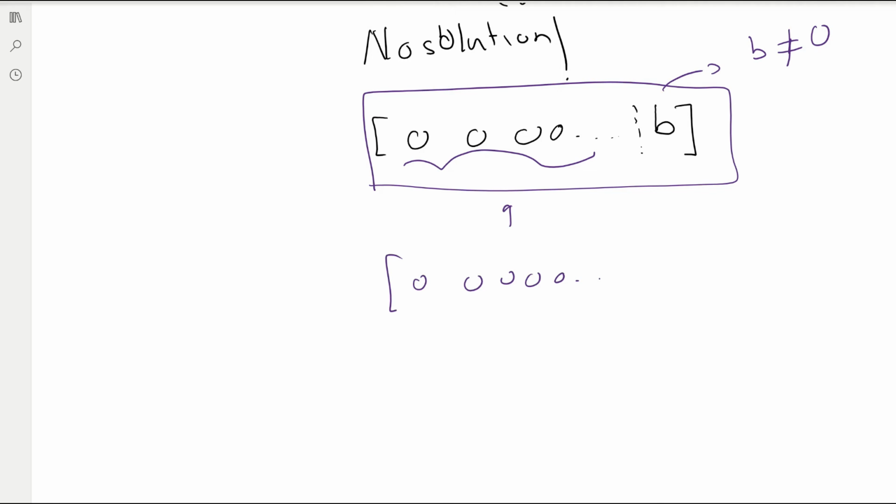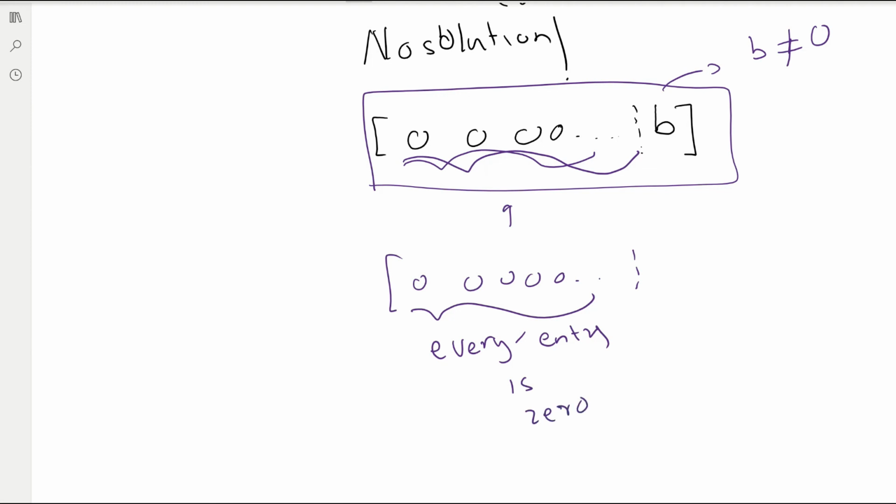What I meant is if you have everything here to be zero, before the dash line, before the point where you separate the right hand side, so I'm going to say every entry is zero, and what you have here, b, is non-zero. Every entry here being zero means every coefficient is zero. All the variables are multiplied by zero.